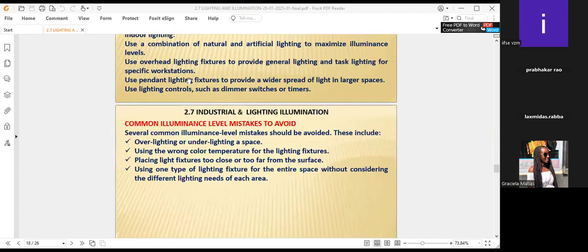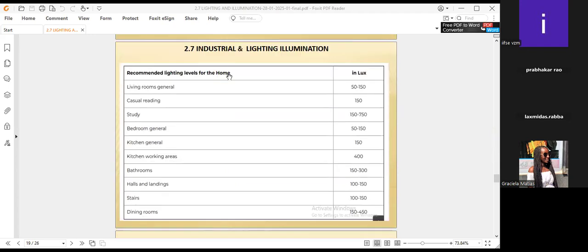If you see this, recommended lighting levels for home in lux: living rooms 50 to 100, casual reading, study, and bedrooms, and kitchen general, and kitchen working areas. In kitchen general, where only the dining table is there, we have to eat the eatables.